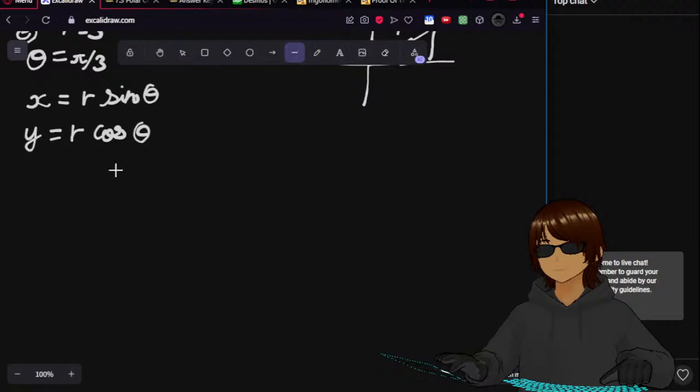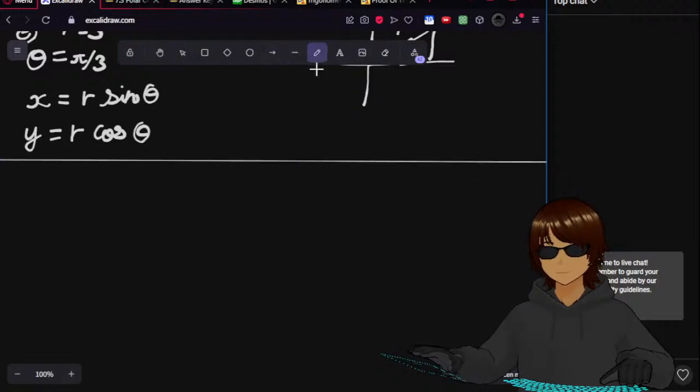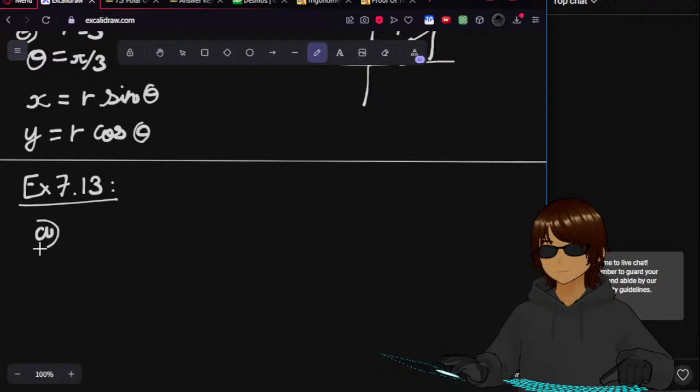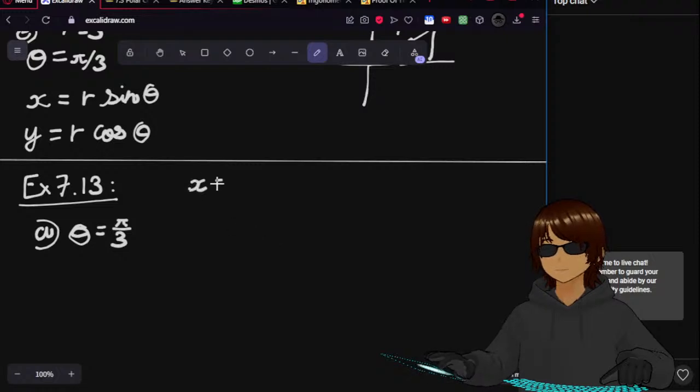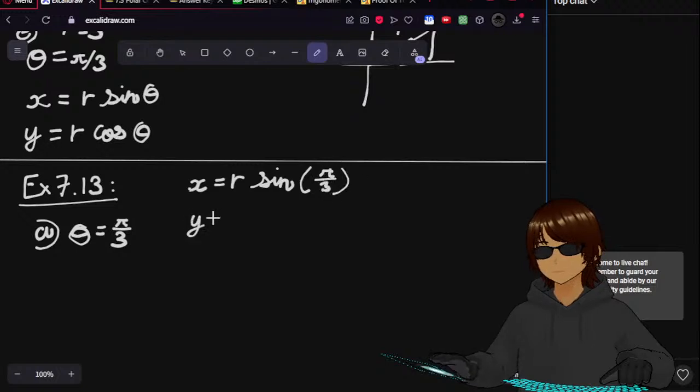So 7.13. pi over 3. R sine pi over 3. cos pi over 3.